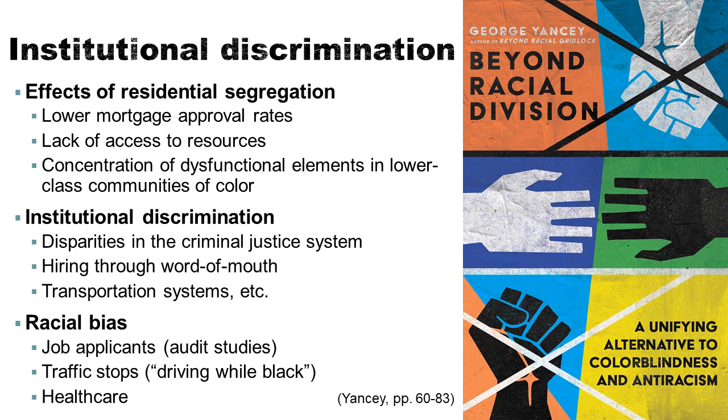Okay? So that was the conclusion of that particular study. And a number of other studies have shown this as well. And Yancey's argument is that this has shown that, at least in that particular field of research, we don't see a significant change in racial discrimination.